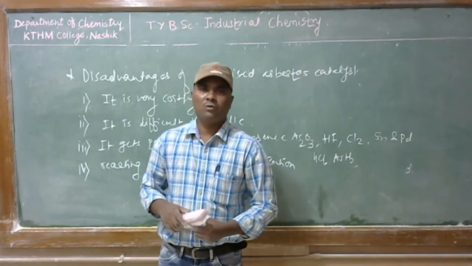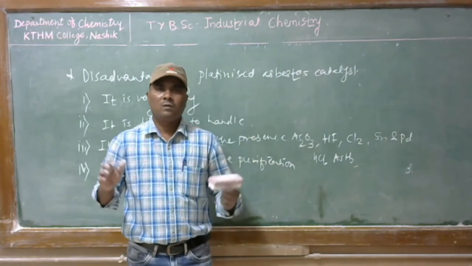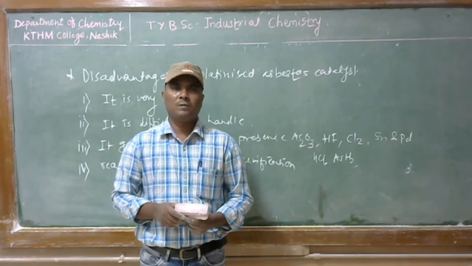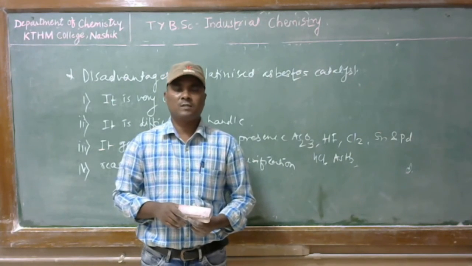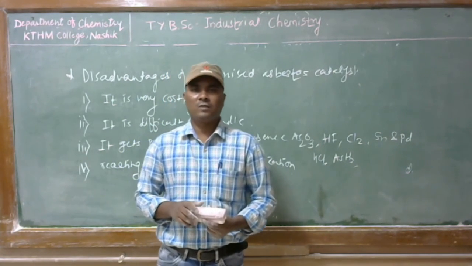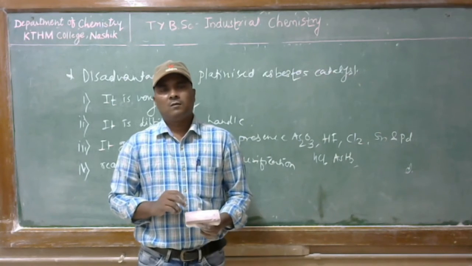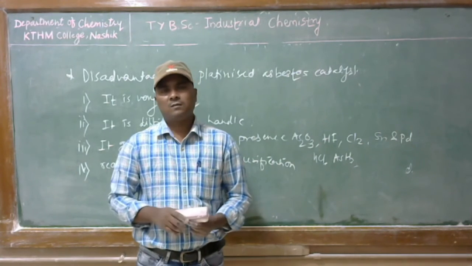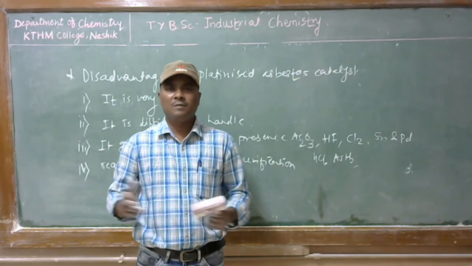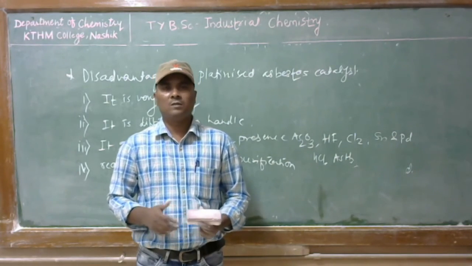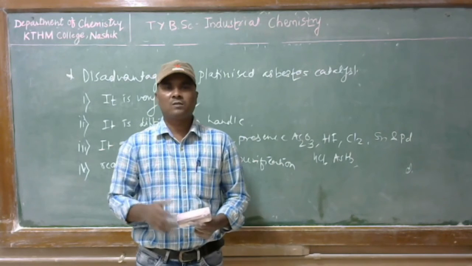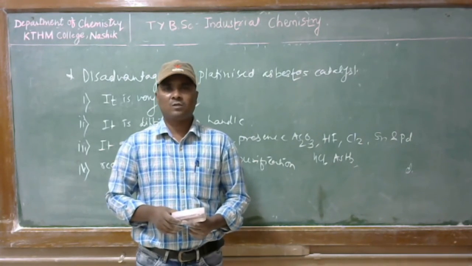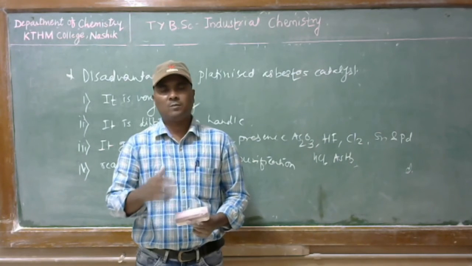So students, I hope you got the whole process of the contact process for the manufacture of sulfuric acid. I hope you enjoyed the whole topic because I recapped it in the previous lecture also, and in today's lecture we have discussed the physico-chemical principles involved in the manufacture of sulfuric acid by contact process.